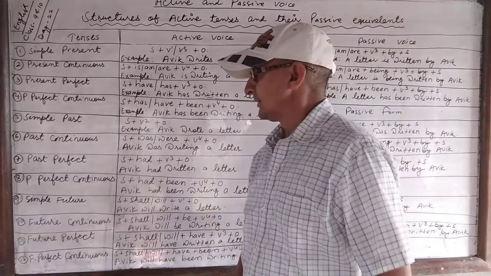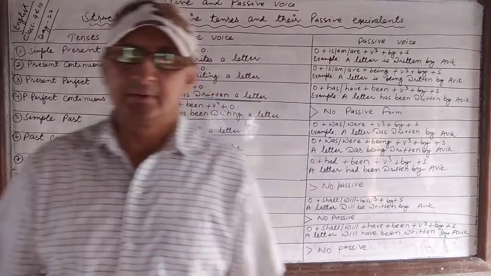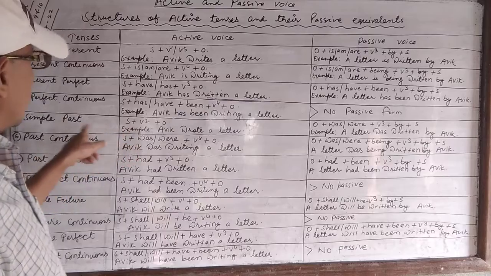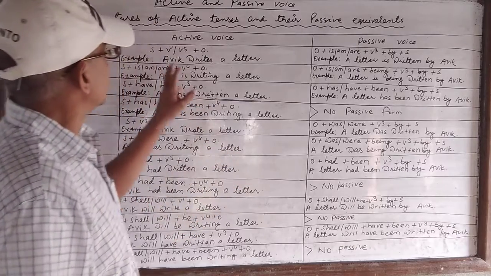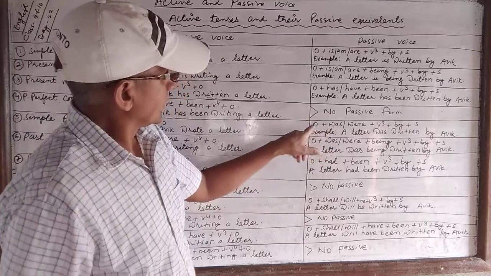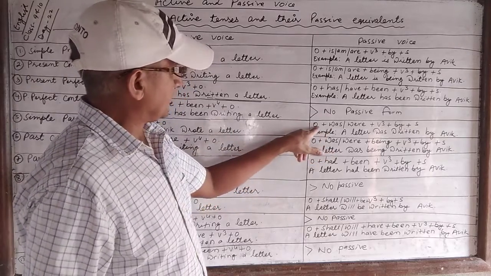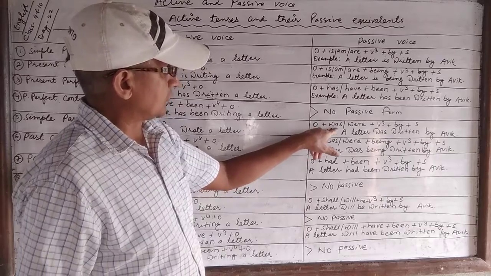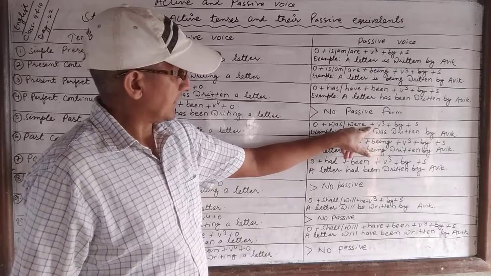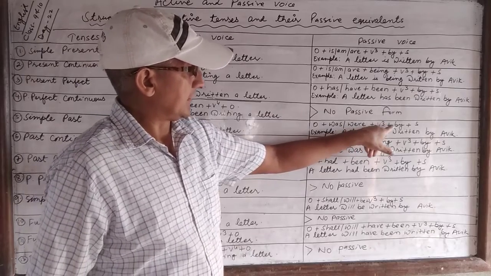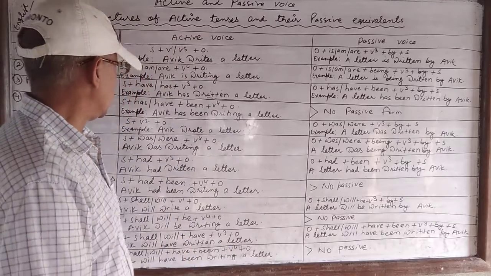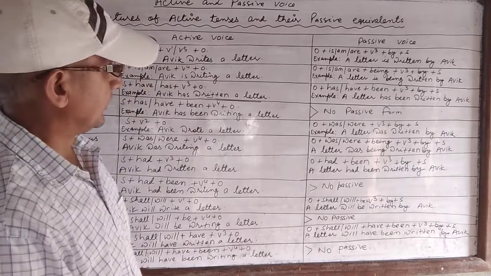Now let's see the passive equivalent of simple past active. Here the structure is object plus was or were and V3, the past participle form, and by plus S, which means the subject of the active voice.